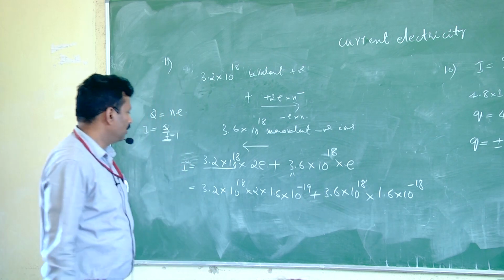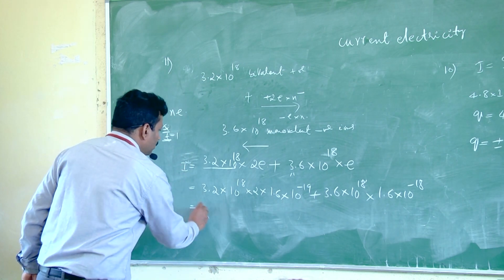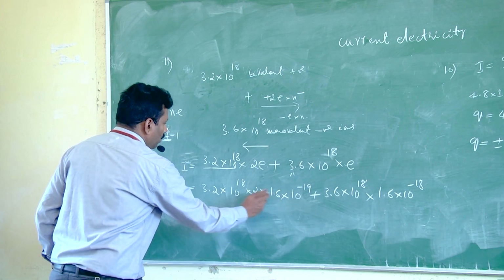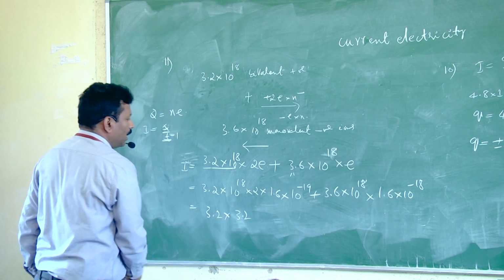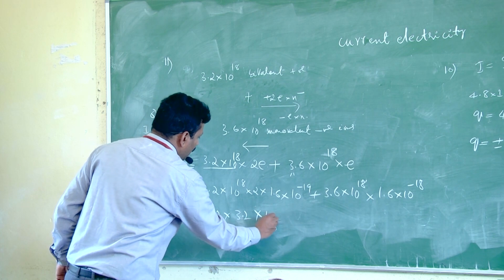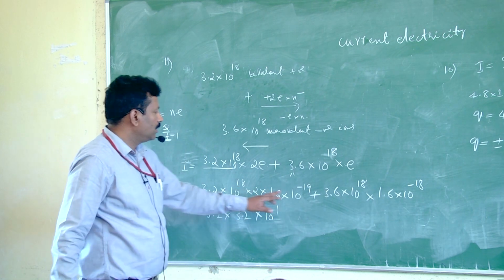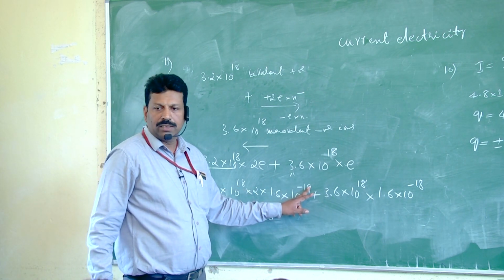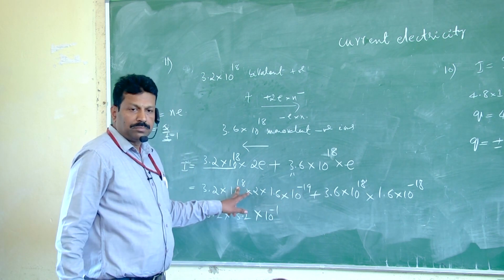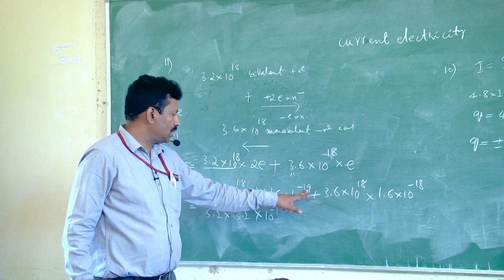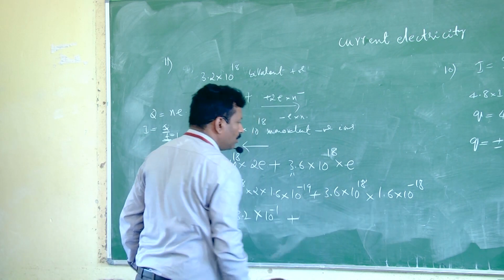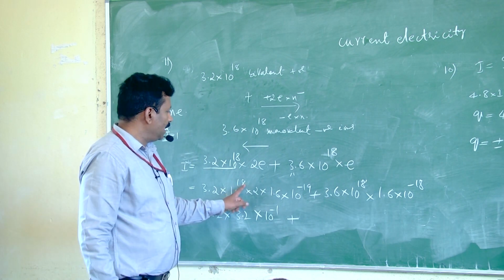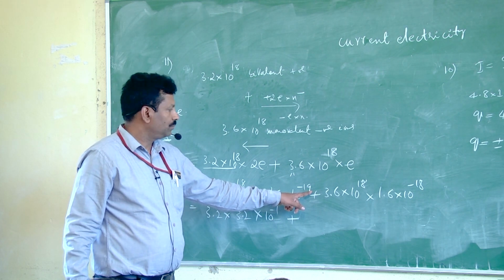So this will be 3.2 into 3.2, correct? Into 10 to the power of minus 1: plus 18 minus 19 is minus 1.